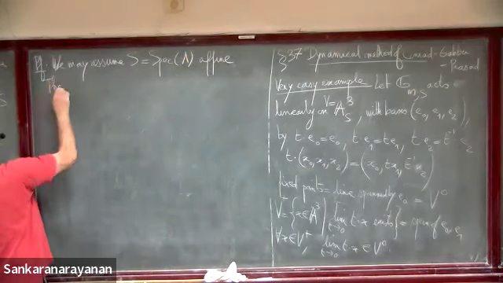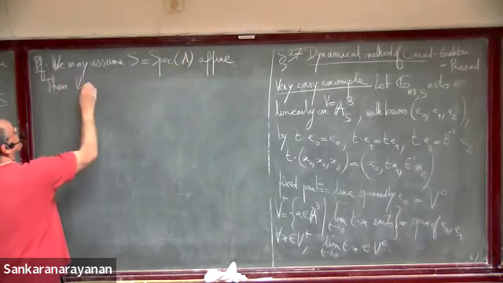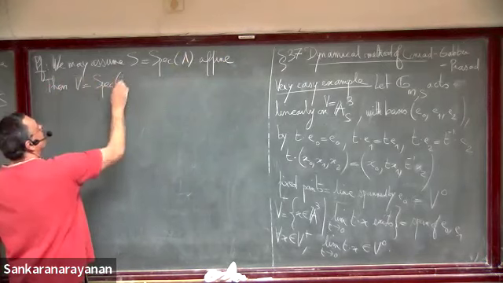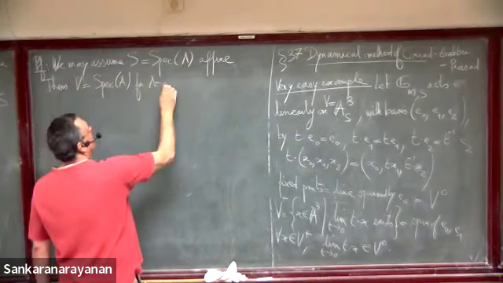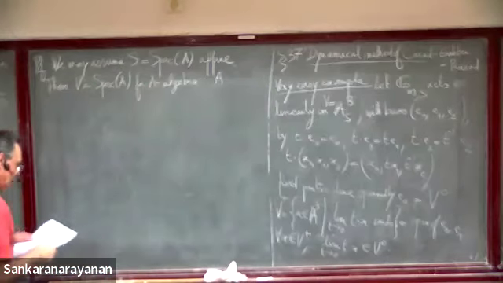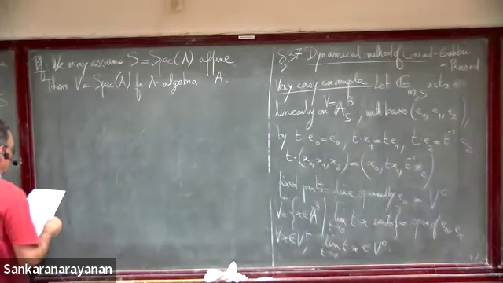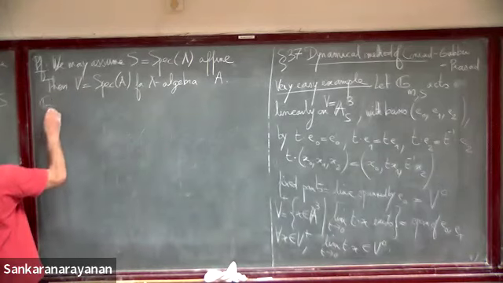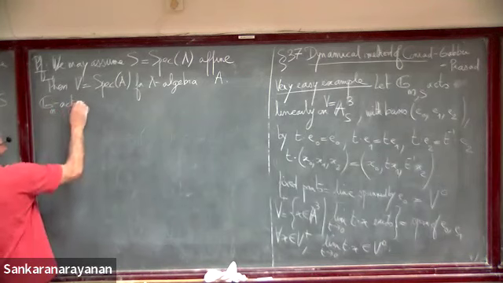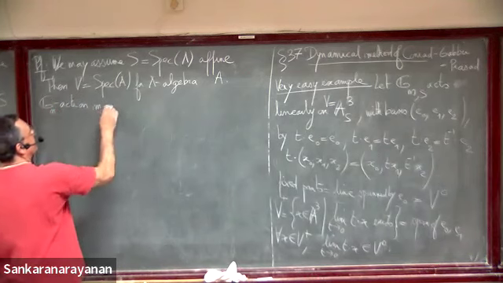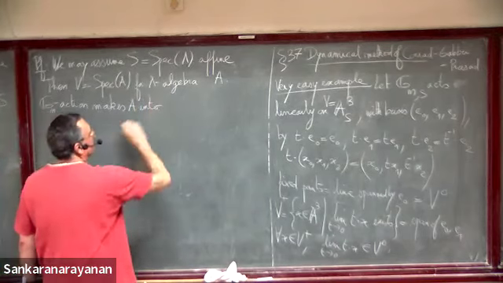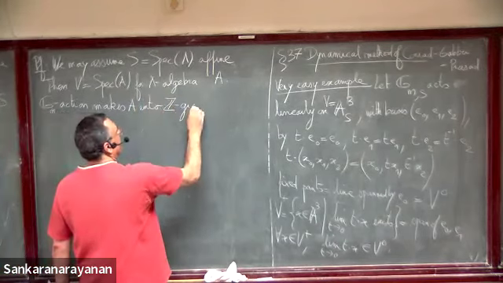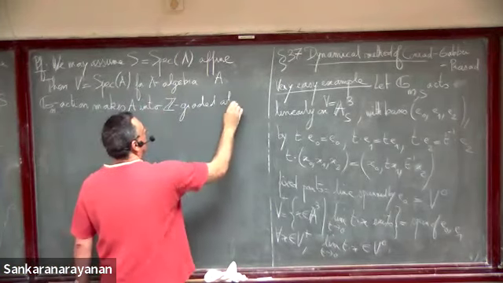And then V is a spectrum of some lambda algebra A. The GM action makes A into a Z-graded algebra.